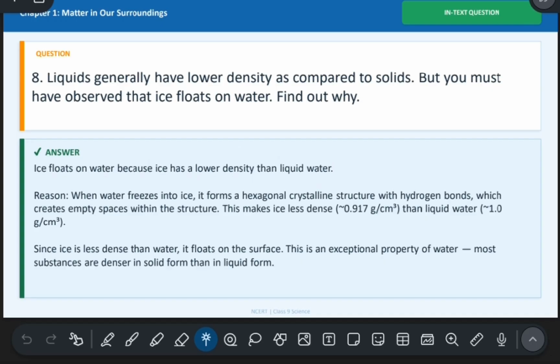This is because when water freezes into ice, it forms a hexagonal crystalline structure with hydrogen bonds, which creates empty spaces within the structure. This makes ice less dense than the water. Since ice is less dense than the water, it floats on the surface. Remember, this is an exceptional property of water.